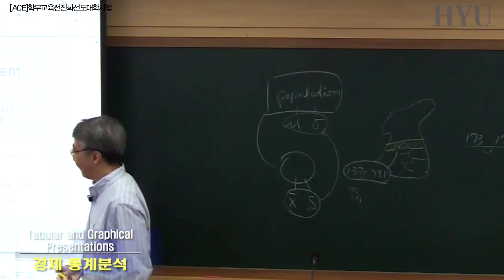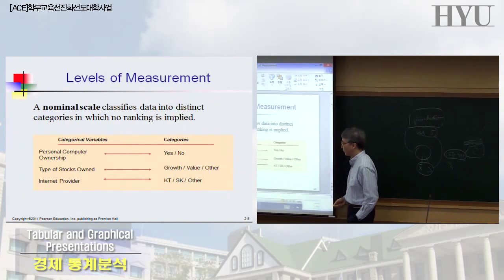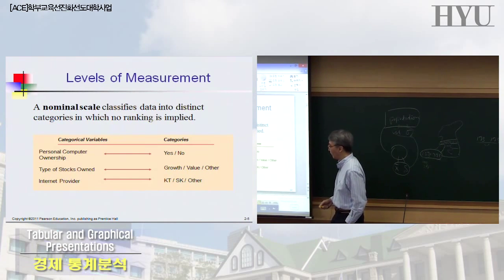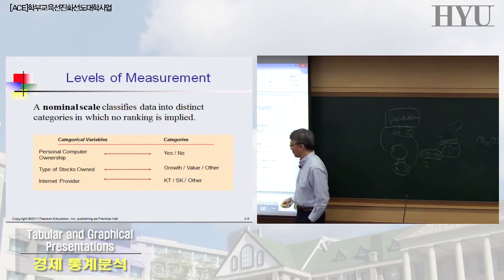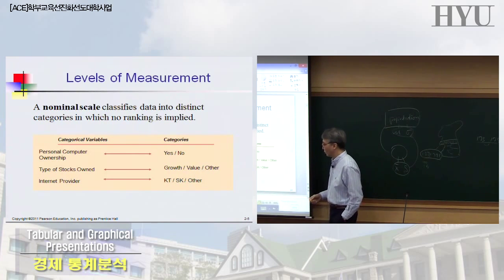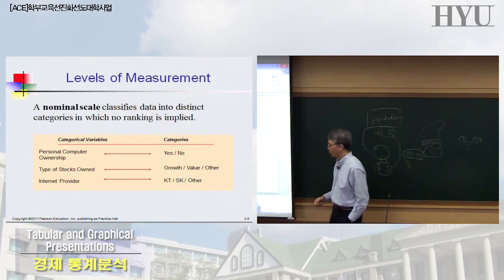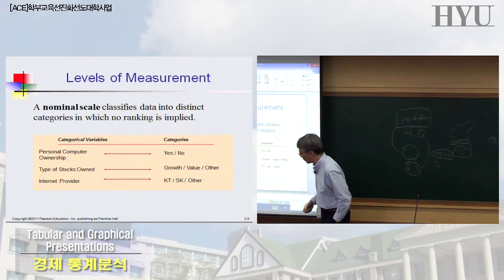So a few examples here. If you ask whether you own any personal computer, well, answers will be yes or no, but there is no particular order or preference implied. Types of stocks owned, well, we categorize different stocks into the growth stocks, value stocks, or other types of stocks. And internet provider.